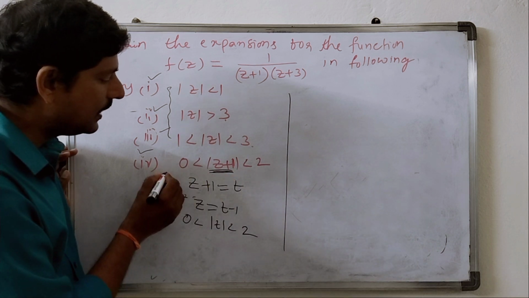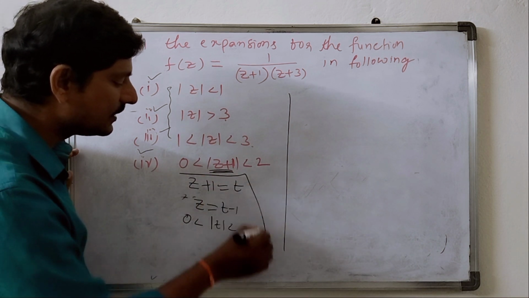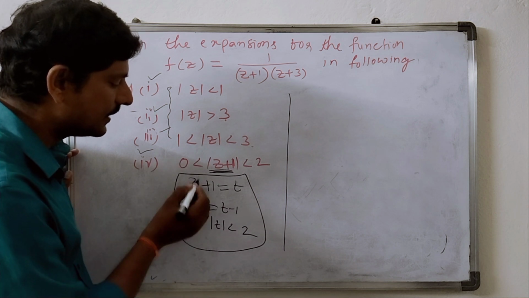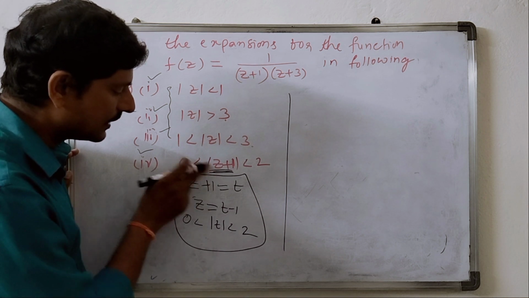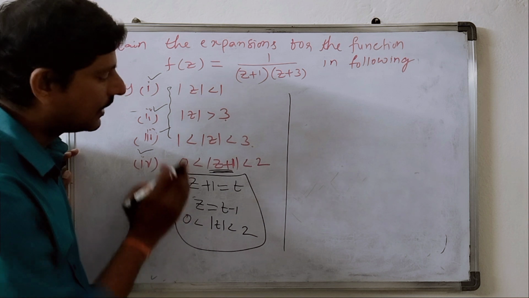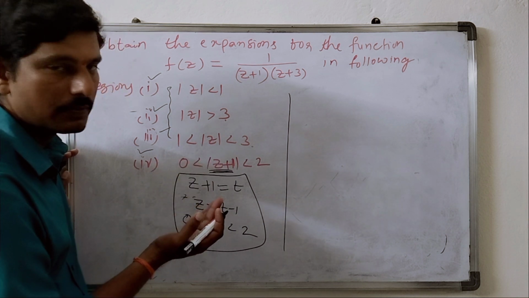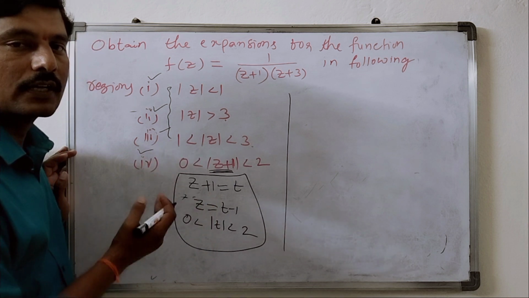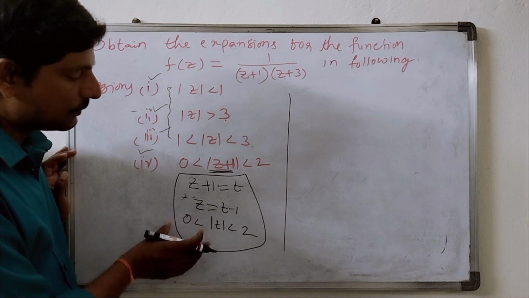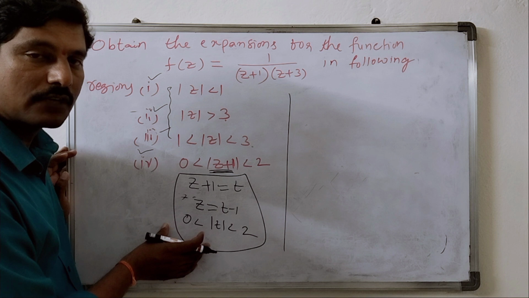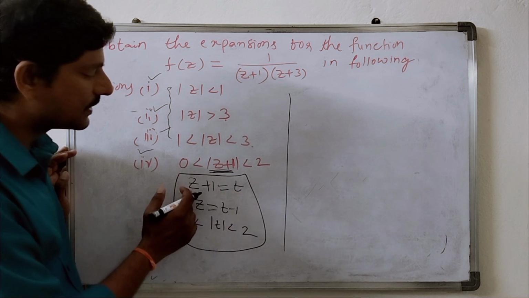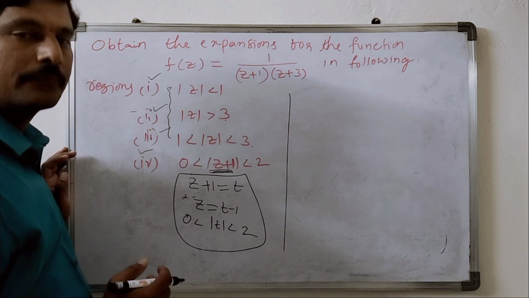So the only difference between the previous regions and this region is you have to take z plus 1 is equal to t. If it is z plus 2, z plus 2 is equal to t. So after getting the expansion in terms of t, at last you have to substitute z plus 1 in the place of t.